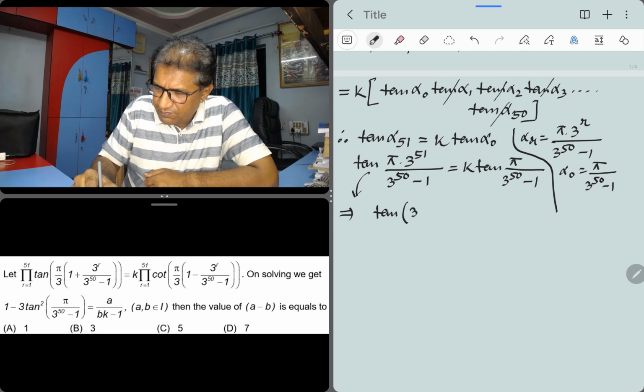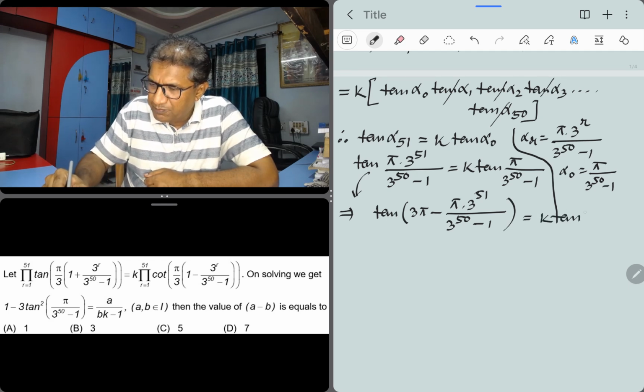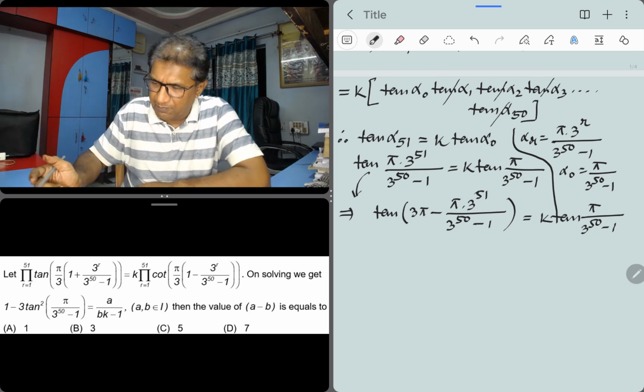tan 3 pi minus pi into 3 to the power 51 divided by 3 to the power 50 minus 1, which is equal to k times tan pi divided by 3 to the power 50 minus 1. Right hand side, I am not touching.